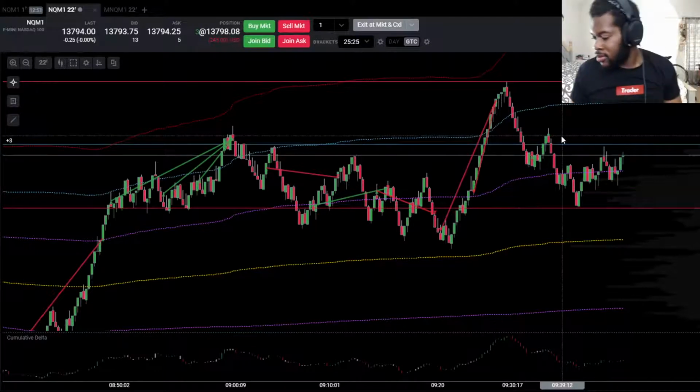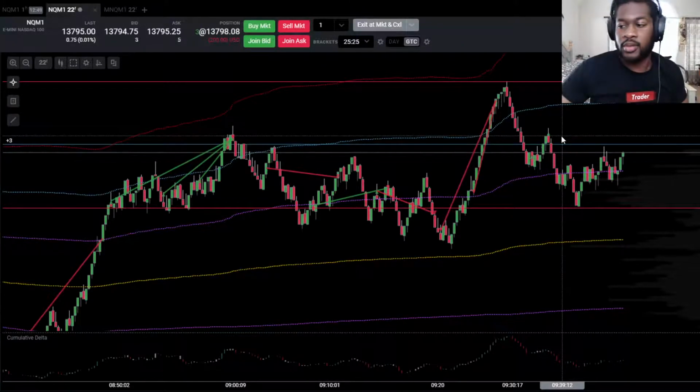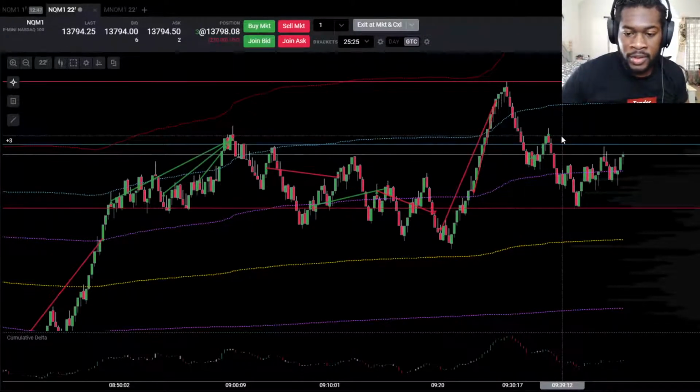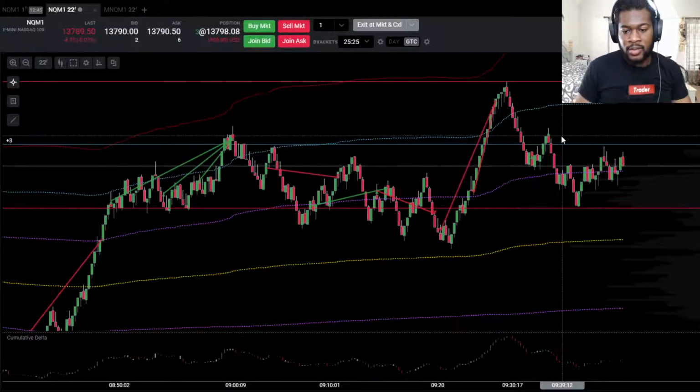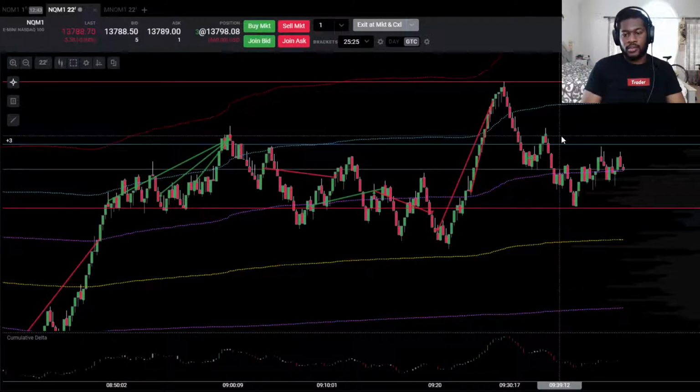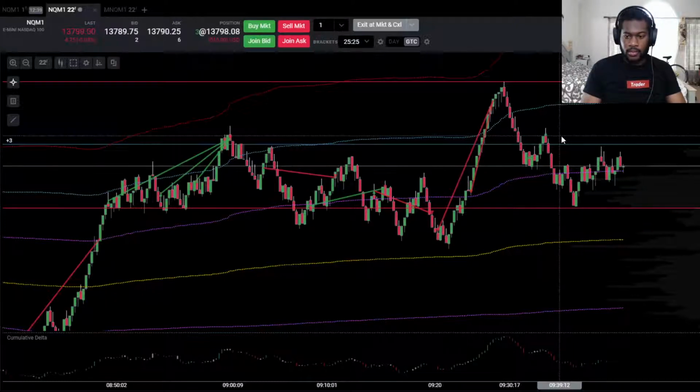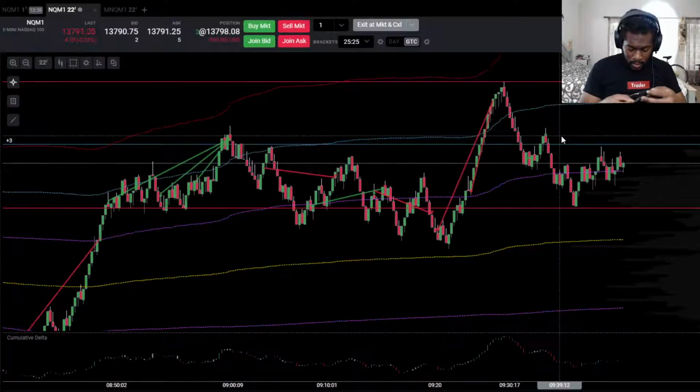Meanwhile, I can probably readjust my watch while this is going on. Market looks like it wants to push up. We'll see if it actually does, if it holds this +1.